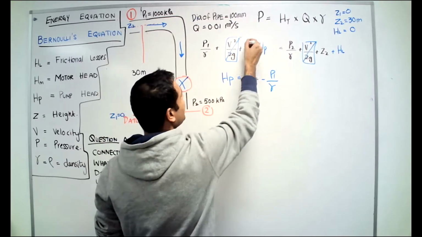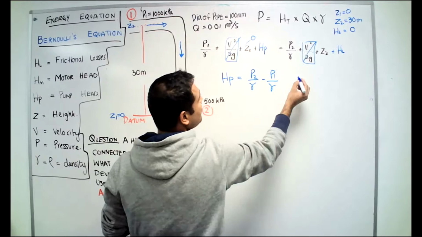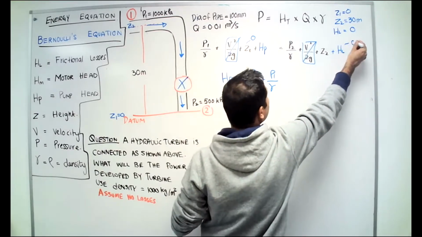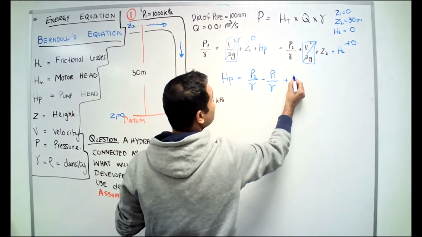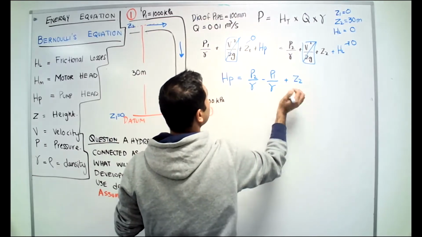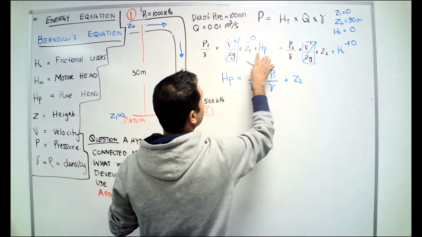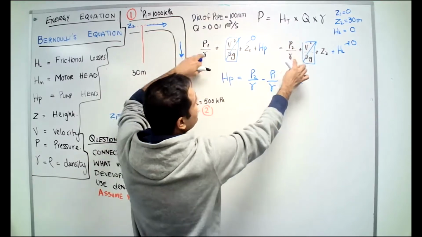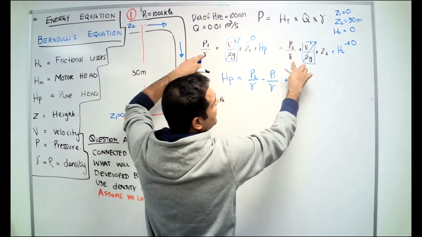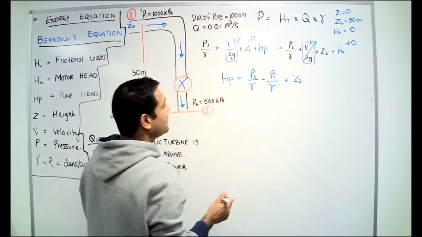That becomes 0 already, and that becomes 0 already. Plus Z2. I got this one, I got that one, and I got Z2.